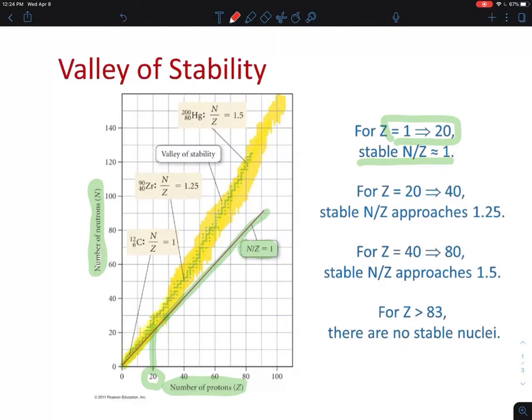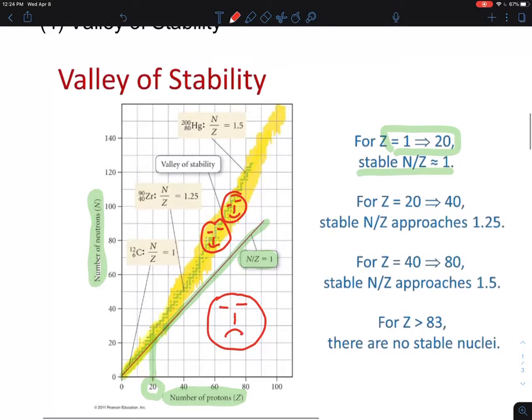This valley has two meanings. This region here is unhappy, and this is the happy balance. You want to be within this valley of stability. Here you have too little Z, or I would say protons, and over here you have too much.